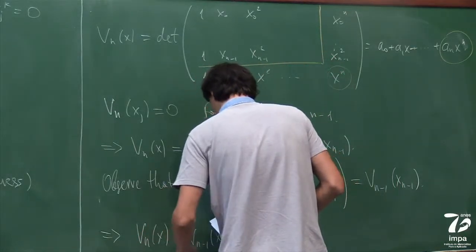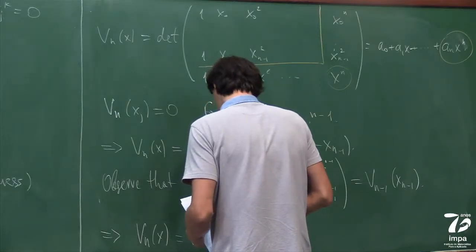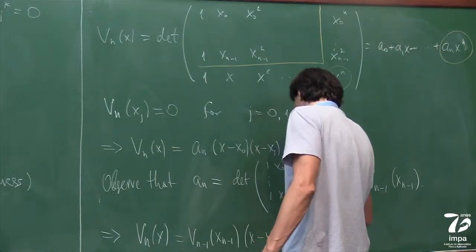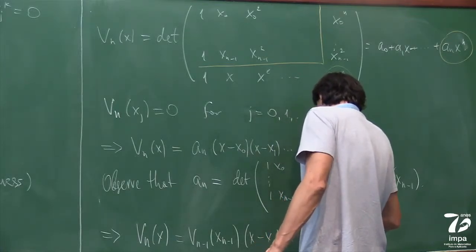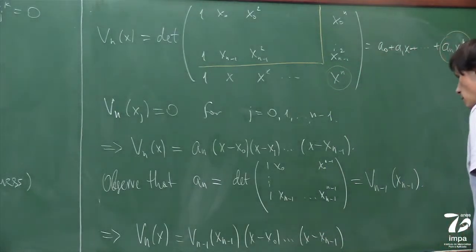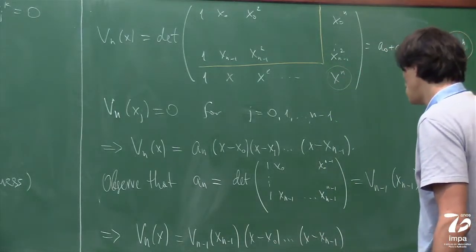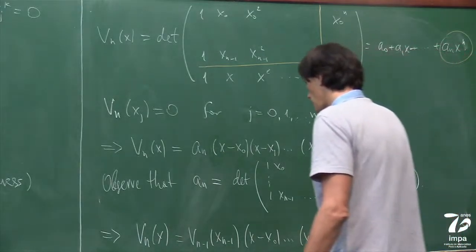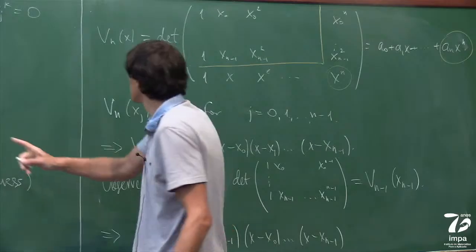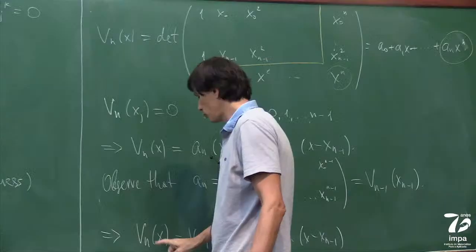times x minus x0, up to x minus xn minus 1. Okay, and then remember that the determinant of A is just this if you put xn here.